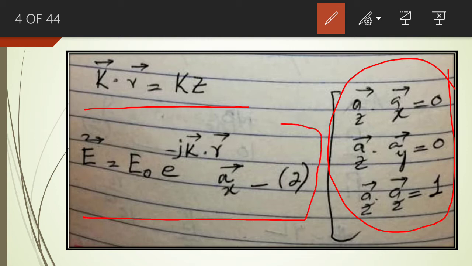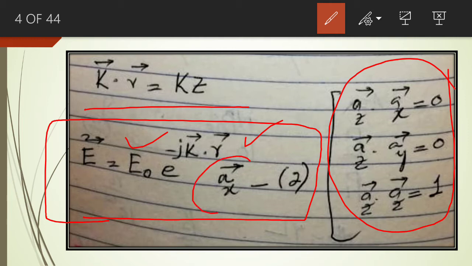This is the electric field intensity of the light wave in a lossless dielectric medium. So the electric field intensity is equal to E naught into e raised to power minus jk dot r, and this unit vector gives you the direction of this vector quantity, the direction of the electric field intensity.